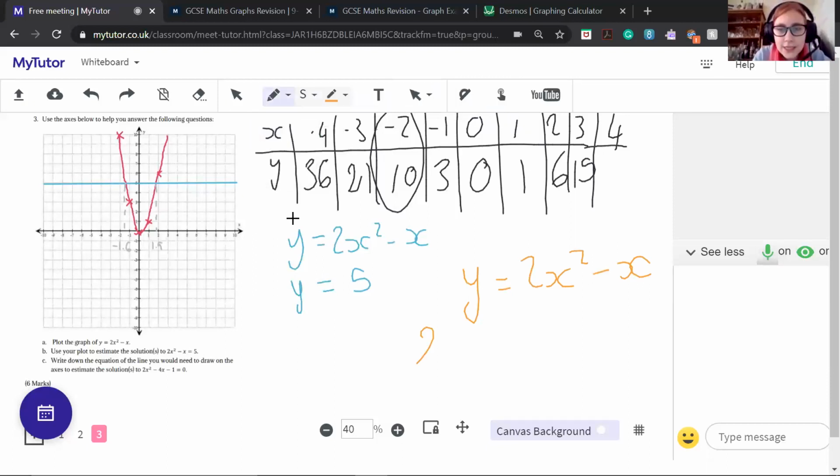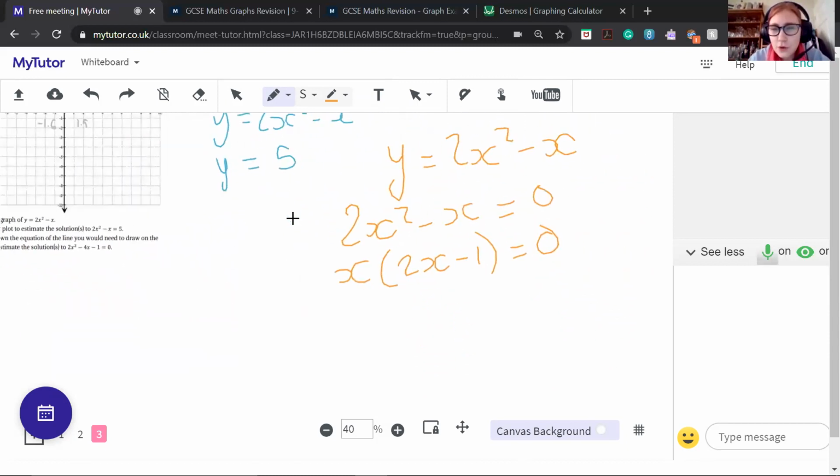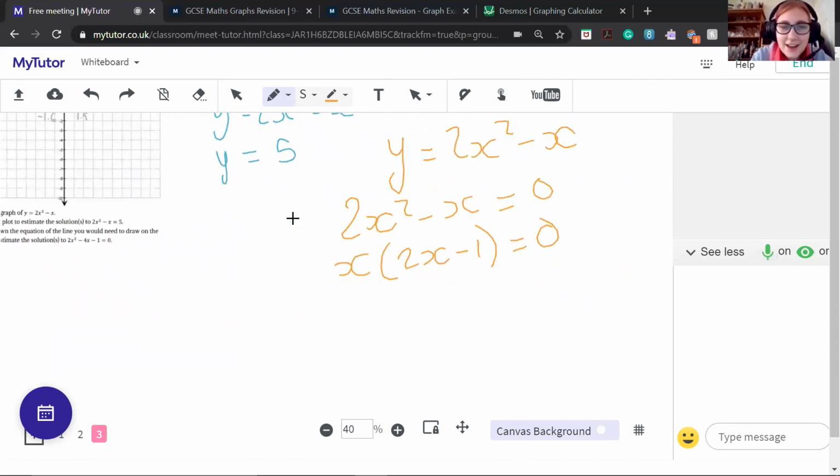So then we just need to think about what's 2x squared minus x equals 0. Well, we can factorize an x out of that. And then if you remember about solving quadratics, either x equals 0 or this one's equal to 0, so x equals a half. So actually we can tell that it's got to cross the x-axis at 0 and a half. So there we can tell it has to go below a little bit.